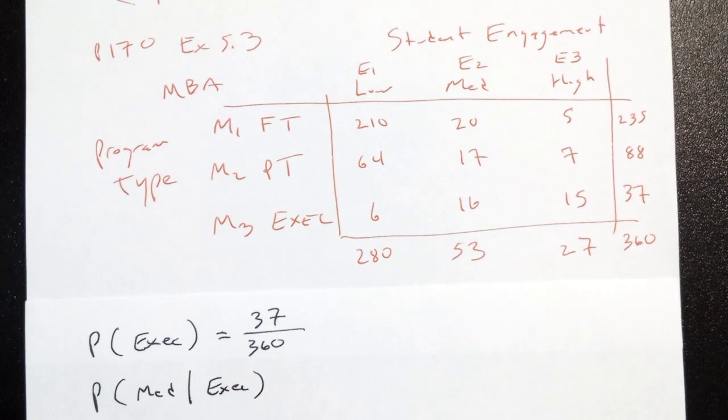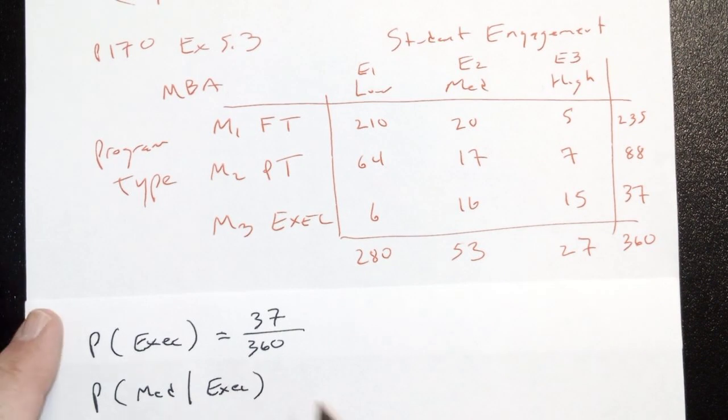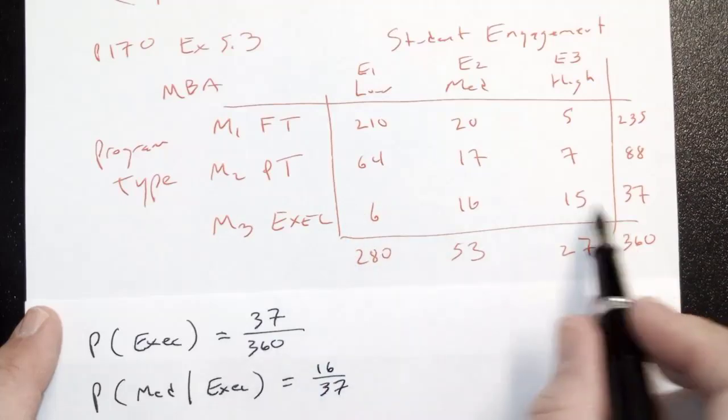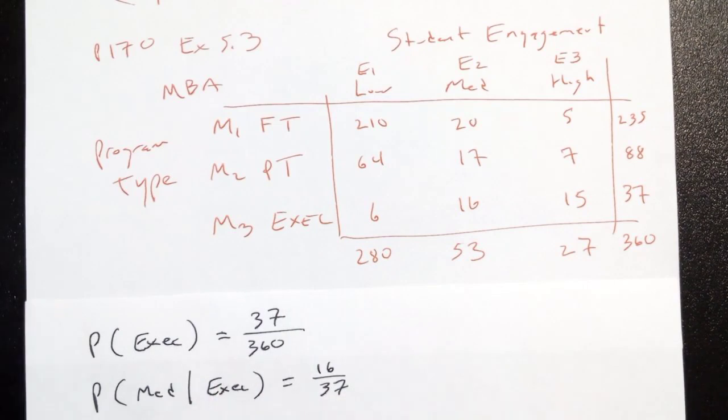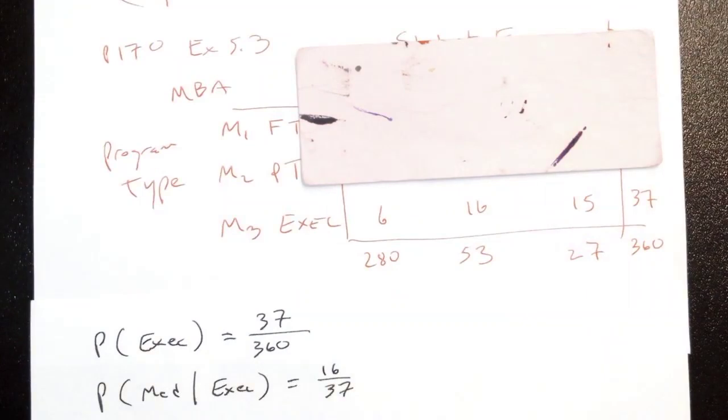In which case I've been restricted to only working within the row for the executive program. So what is that probability? Exactly. Since I'm only looking at this row, given that I am an executive program, means I can basically ignore the rest of the table.